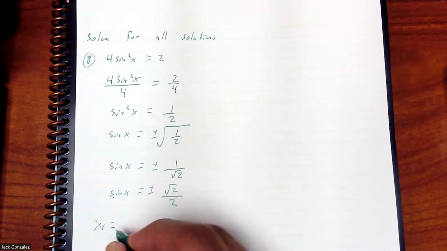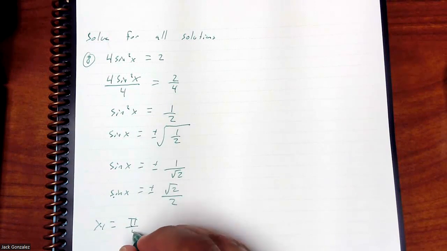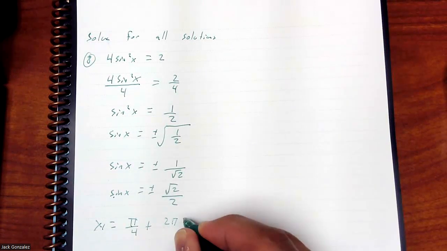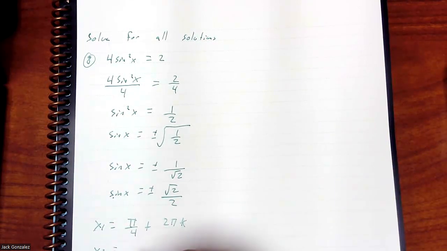So x1 is equal to pi over 4 plus 2 pi k. X2 is equal to, what was the other one? 3 pi over 4.